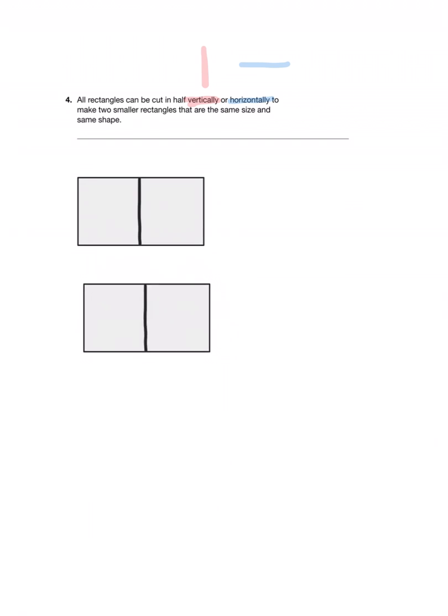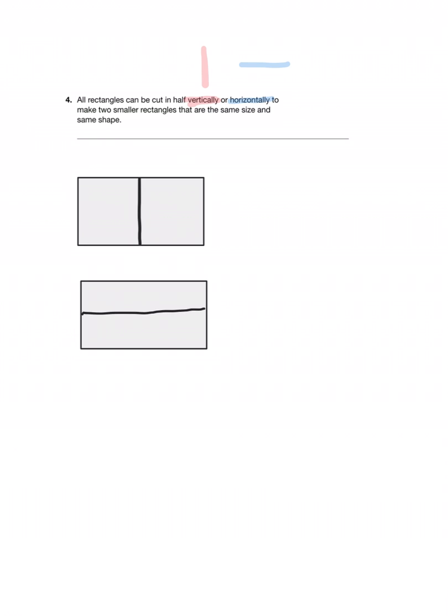So if you take this generalization that all rectangles can be cut in half, let's see here. All rectangles can be cut in half either vertically, which would look like this, or horizontally, which would look like this.